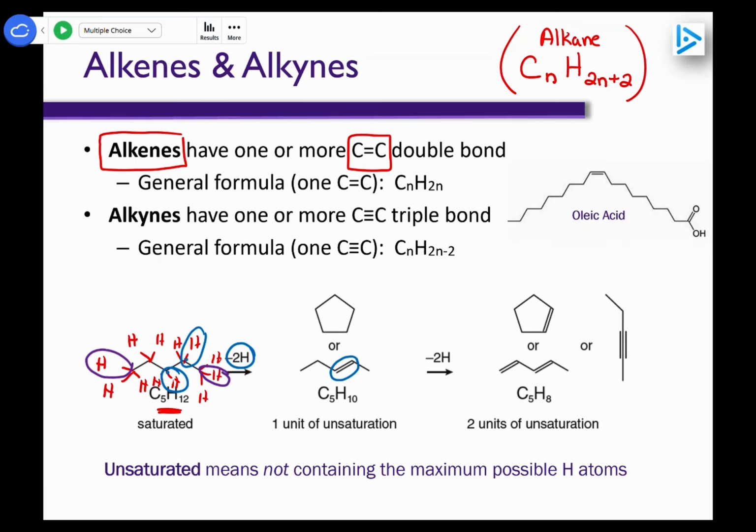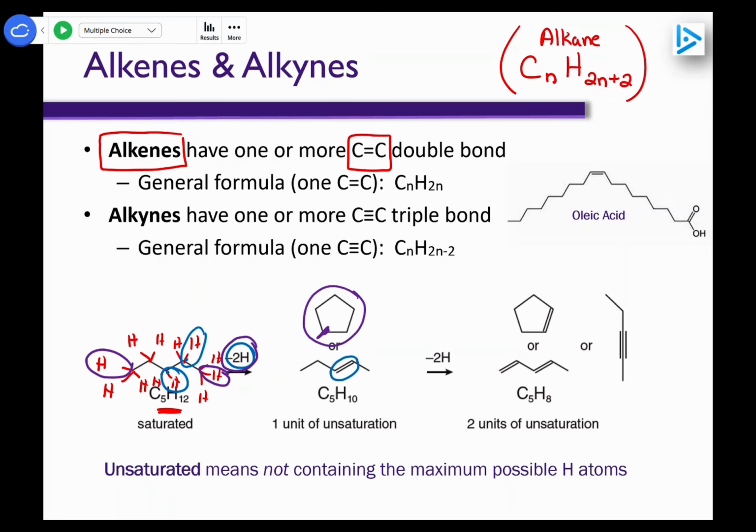We take 1 hydrogen from one end, 1 hydrogen from the other, and we use those pieces to form this into a cyclic structure. We had to get rid of 2 hydrogens to do that. So if I take away 2 hydrogens, I can now join up my cycloalkane. That also counts as a unit of unsaturation.